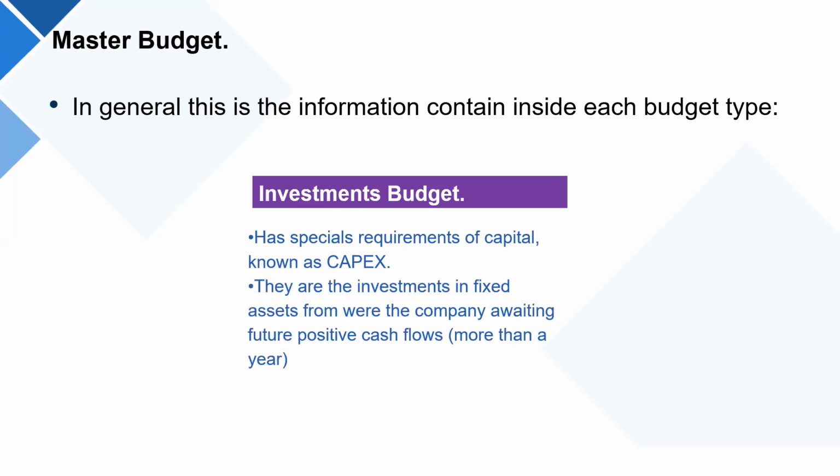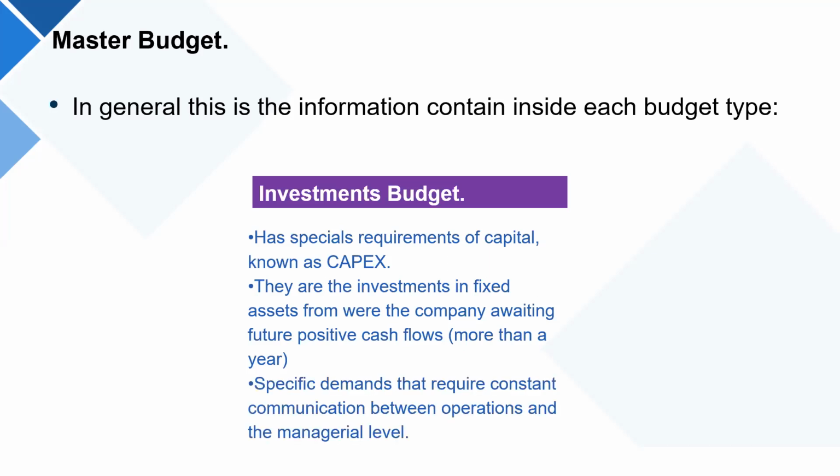A really important point is that when you invest inside a business for CapEx, it's because you are expecting future positive cash flows. So that makes this a really specific analysis, and it's mostly driven by the managerial level.